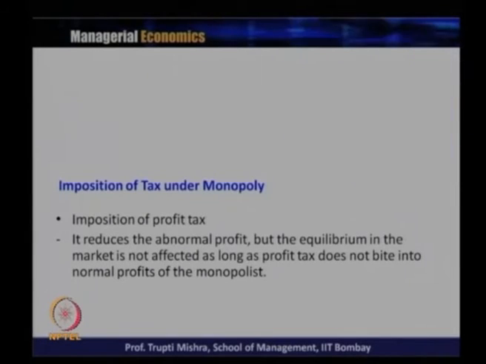So, the thumb rule is: as long as the tax amount is less than the supernormal profit, it will not affect the equilibrium position in case of lump sum tax, and similarly, as long as the profit tax is not taking a share from the normal profit, it will not affect the equilibrium position of the monopolist.